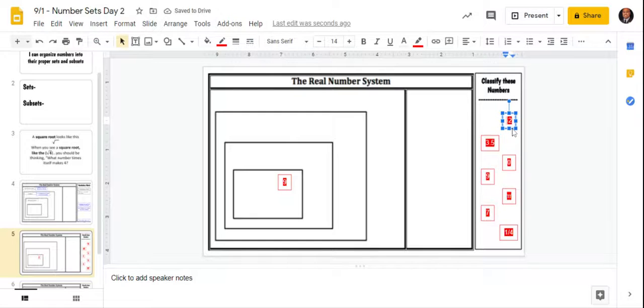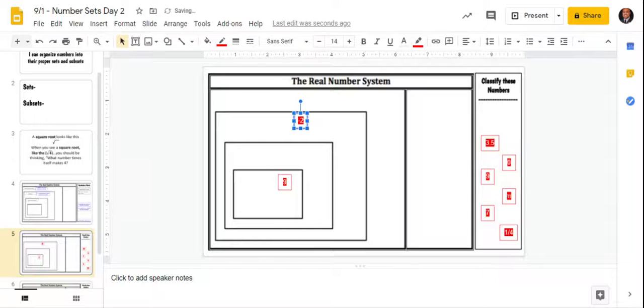Now, -2 is a positive or negative number that I can't naturally count to. Nobody naturally counts to negative numbers, so that's just an integer because it's not a fraction or decimal. Rational numbers, remember, can be written as a fraction or decimal, so I'm going to move that over. But it can't be an integer because integers can't be written as a fraction or decimal, so it has to be rational.